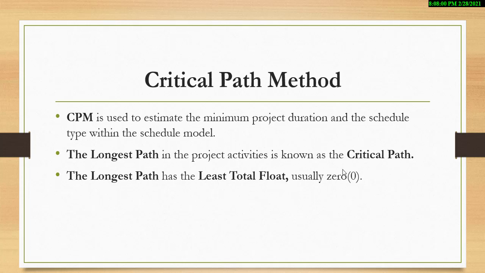So usually within the schedule, all the longest paths are characterized by their zero values. So when you see a float with the least number, usually 0, it means that that activity is the longest path. Why? Because its total float is 0.